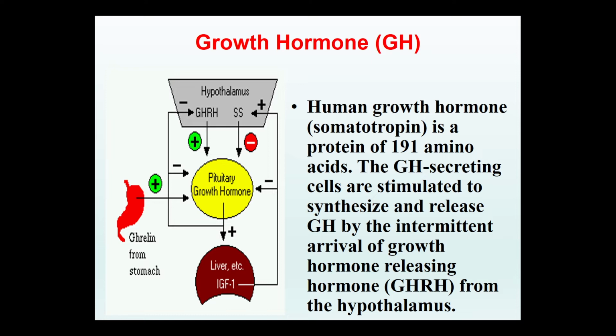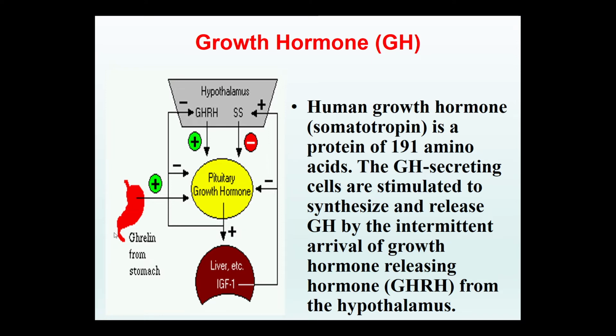Somatostatin inhibits both synthesis and secretion of this hormone. Other stimulatory factors that can increase production of growth hormone are, for example, a low blood glucose concentration. The same is an activator of growth hormone secretion.